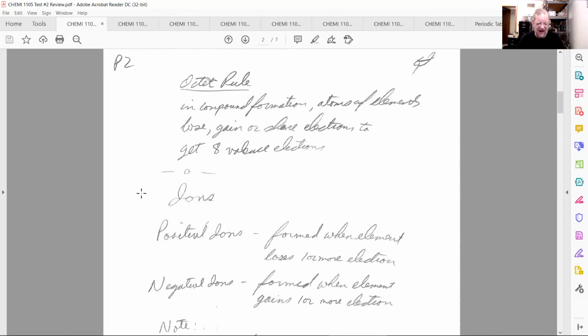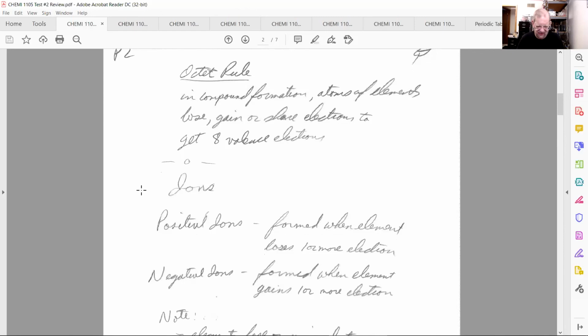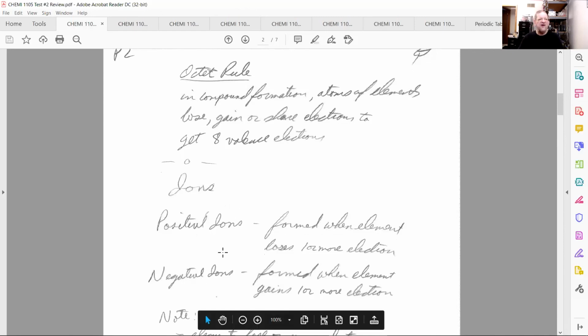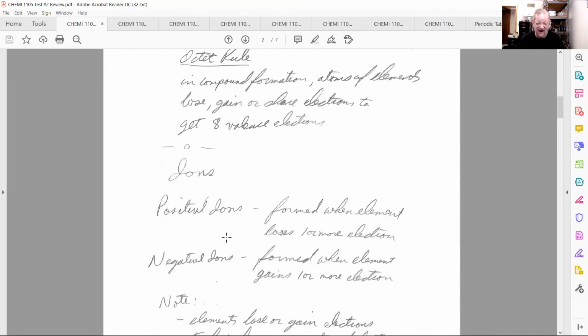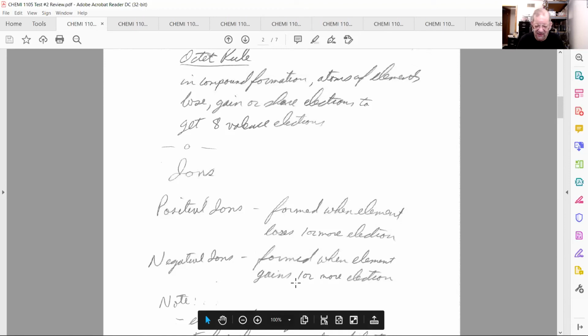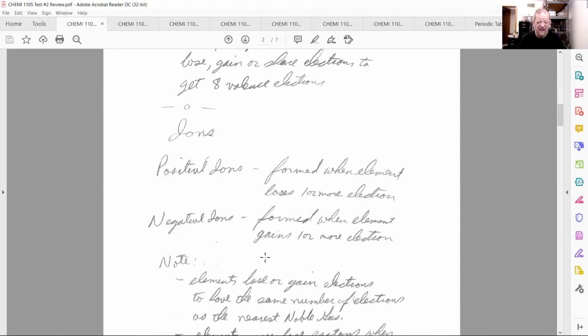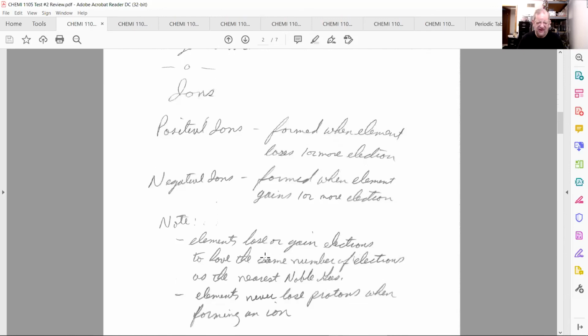And because of that, let's talk about ions. Positive ions are formed when an element loses 1 or more electrons. Negative ions are formed when an element gains 1 or more electrons. The important thing is elements lose or gain electrons to have the same number of electrons as the nearest noble gas.